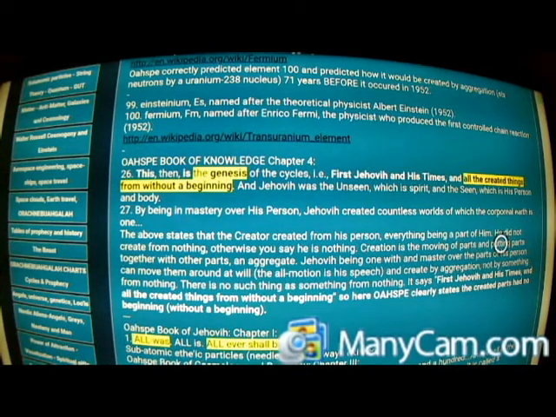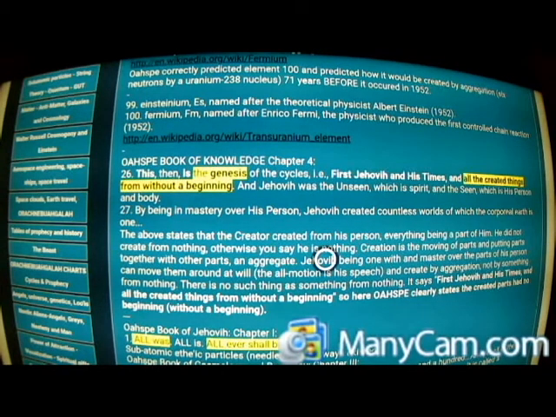Creation is the moving of parts and putting parts together with other parts, an aggregate. And that's something that a vortex does. That's why vortex or vortex motion is the will or the creative force of Jehovah in action, in motion.